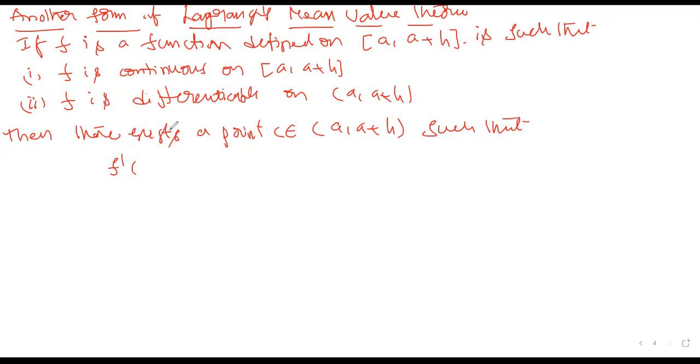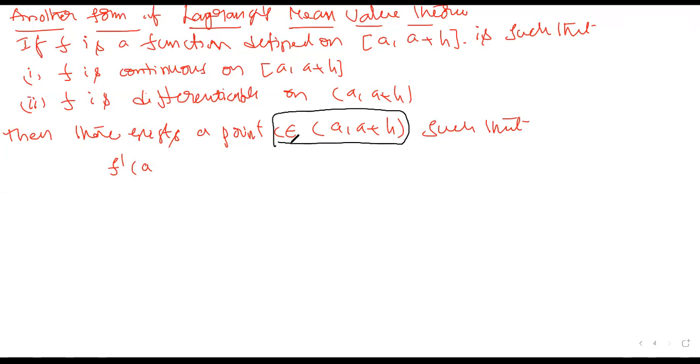f dash of a, here c belongs to a comma a plus h, but here in this another form, once again I'm telling you, all of you concentrate here on what I'm telling. There exists c belongs to between a and a plus h.